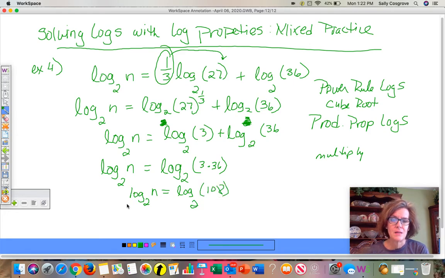Now where are we? Log base 2 of this equals log base 2 of that. Now, since I have logs on both sides that are equal to each other, now and only now can I set their arguments equal to each other. And this is the log property of equality.